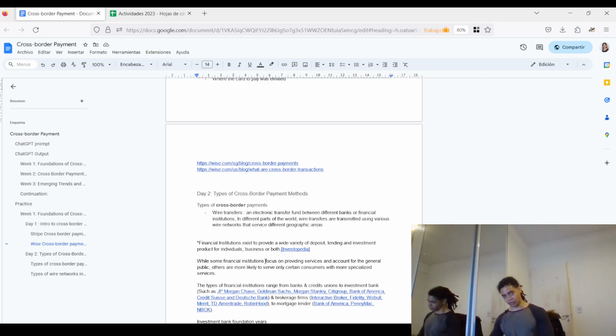I find it interesting and important to know when those investment banks were founded.